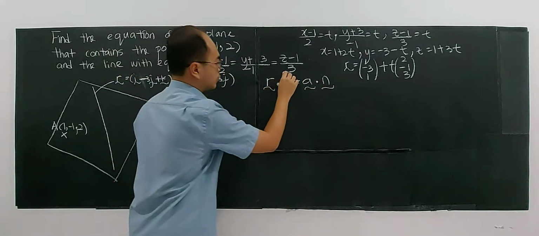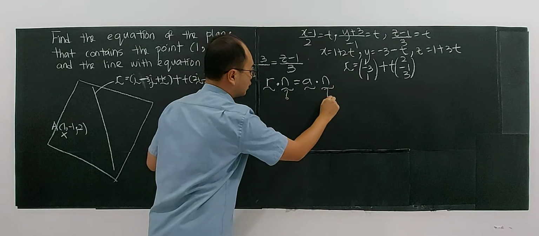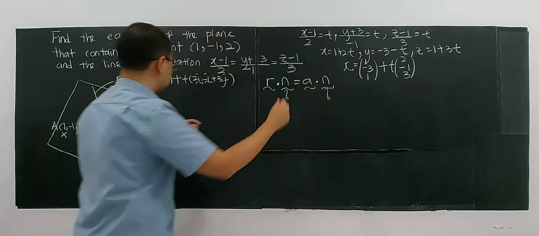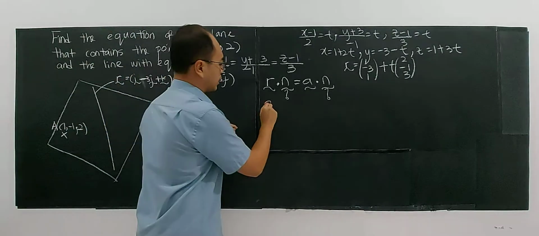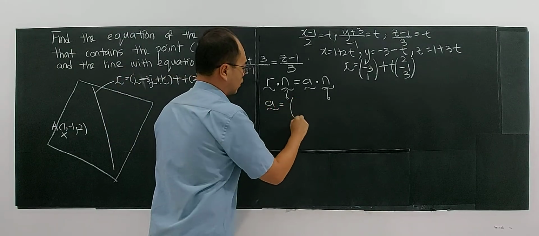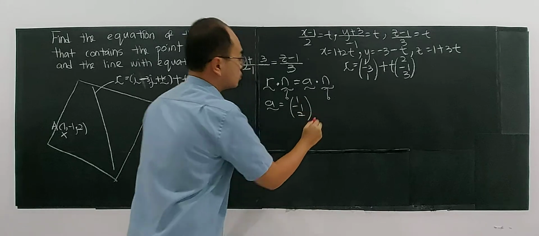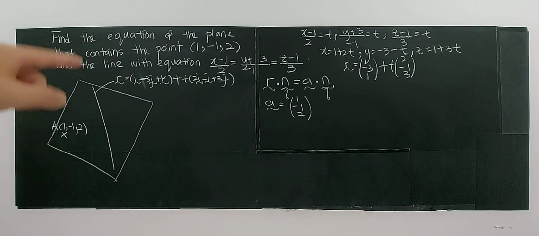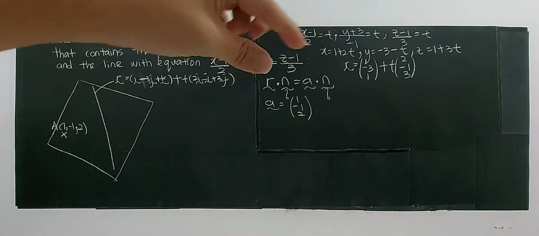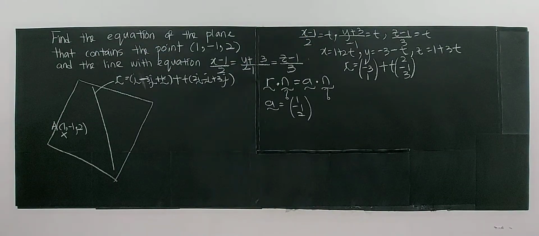The point is given, 1, -1, 2, so we know A is 1, -1, 2, a fixed point on the plane. So the problem now is, what is the normal of the plane? How do we generate the normal?